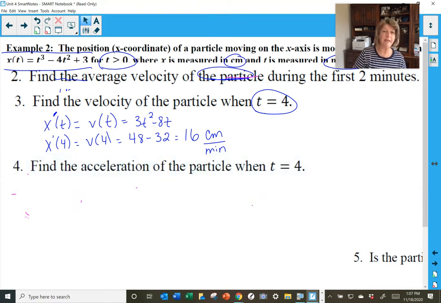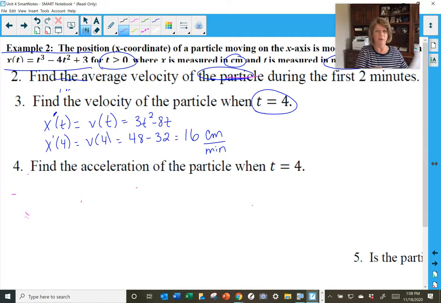Find the acceleration. Oh, they have this in such a nice order because it's just leading us from one derivative down to the next. Acceleration, based on the front page, you know that acceleration is equal to the second derivative. So I'm going to say a of t is equal to v prime. I need to take one derivative from velocity and I can get to acceleration.